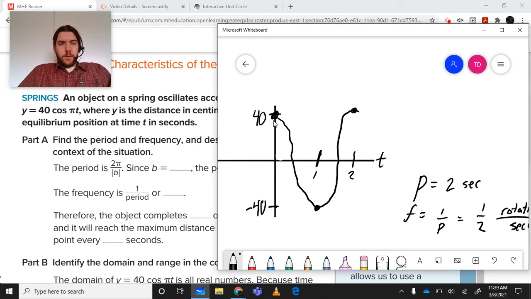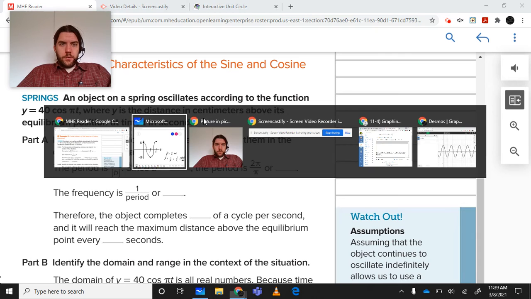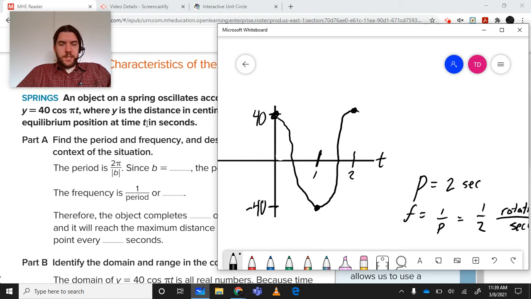Let's say t is t seconds since release. Then we could have 0 seconds since release. We wouldn't really want to pay attention to the time before we started watching the spring oscillate.